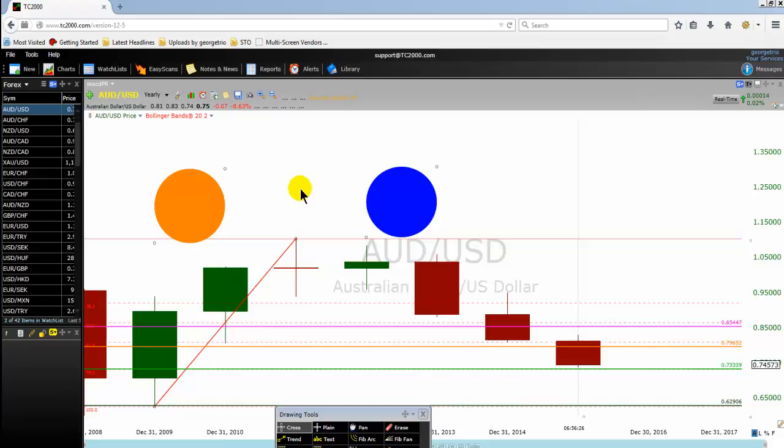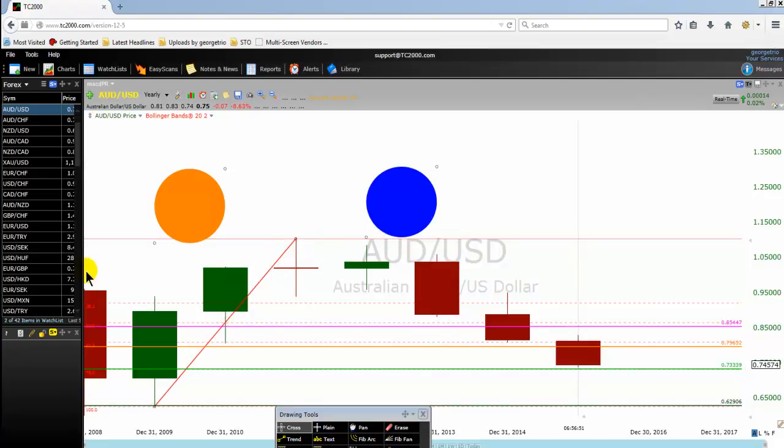So when the economy is doing so poorly, you are likely to see the Australian dollar strengthening against the dollar. We say that the US economy represents the global economy. So when the global economy is doing poorly, you are likely to see that the Australian dollar, US dollar currency pair will go up.